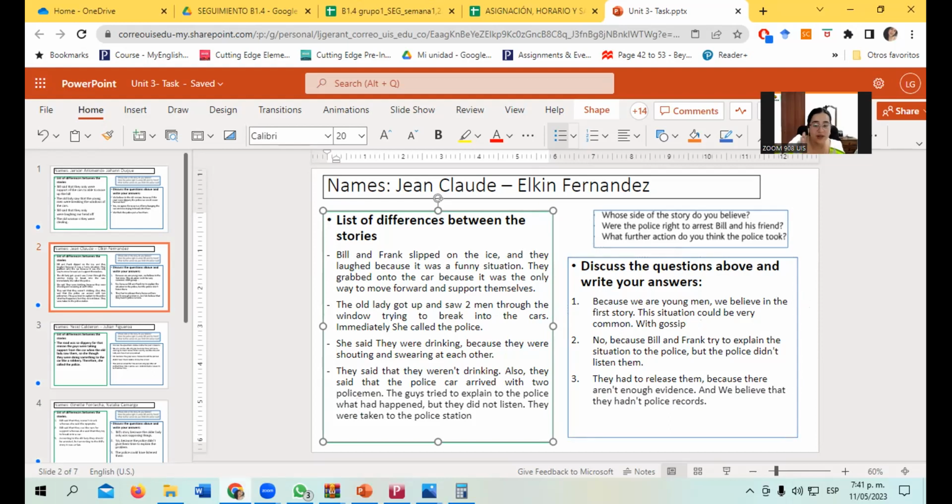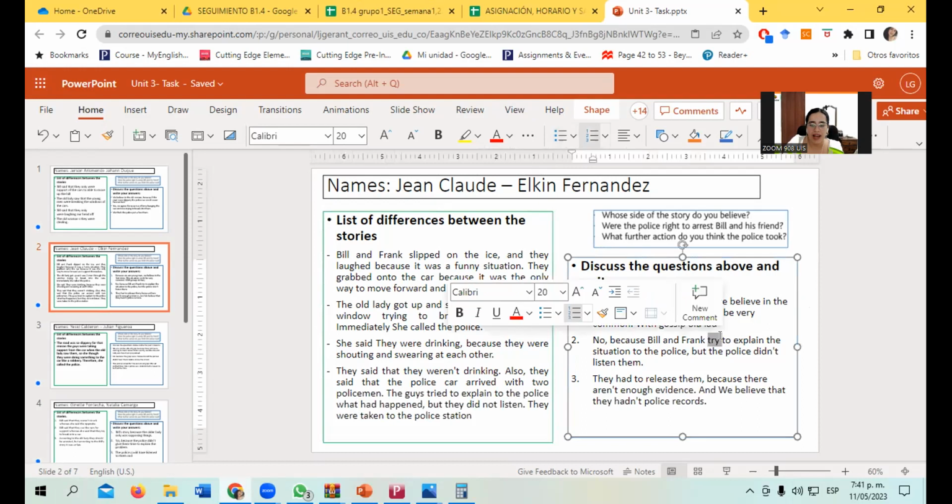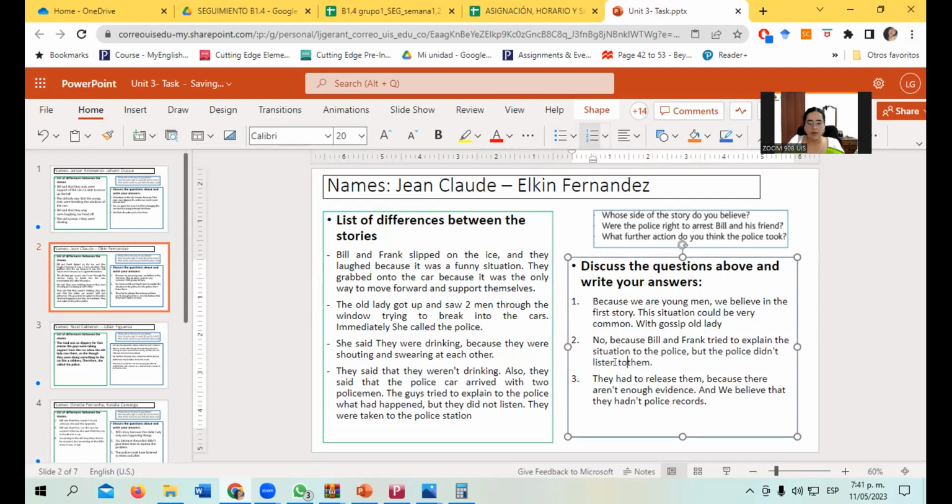Yes, she's looking through the window. Because Bill and Frank tried, it is in the past: tried to explain the situation to the police, but the police didn't listen to them. The verb listen is always with the preposition to. Listen to music, listen to a person.